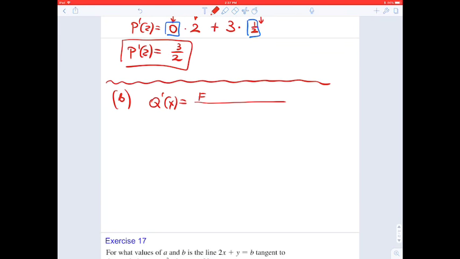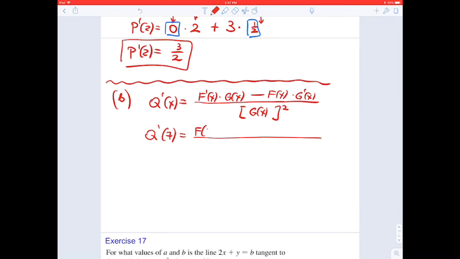That means the derivative of f times g minus f times the derivative of g, all over the function from the denominator squared. Okay, 7. Let's see: f prime at 7, g at 7, f at 7, g prime at 7, g at 7, squared.